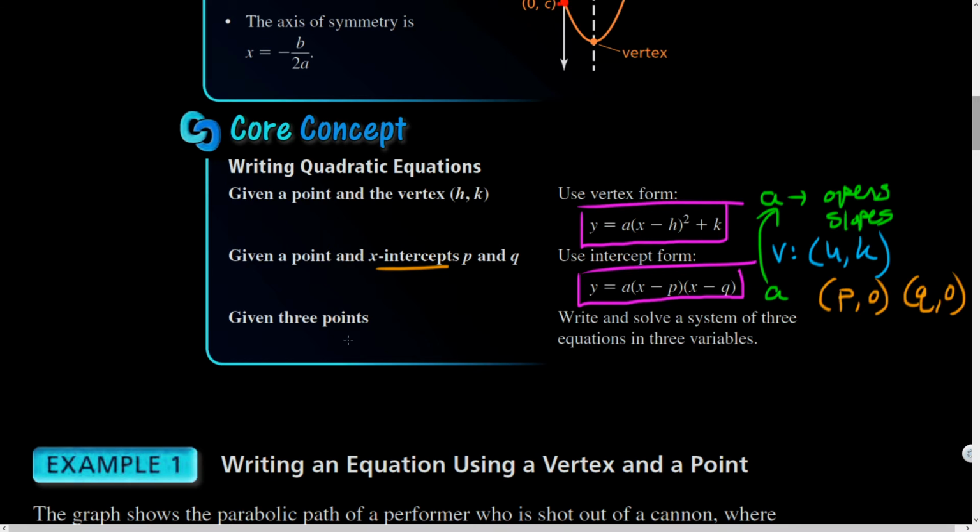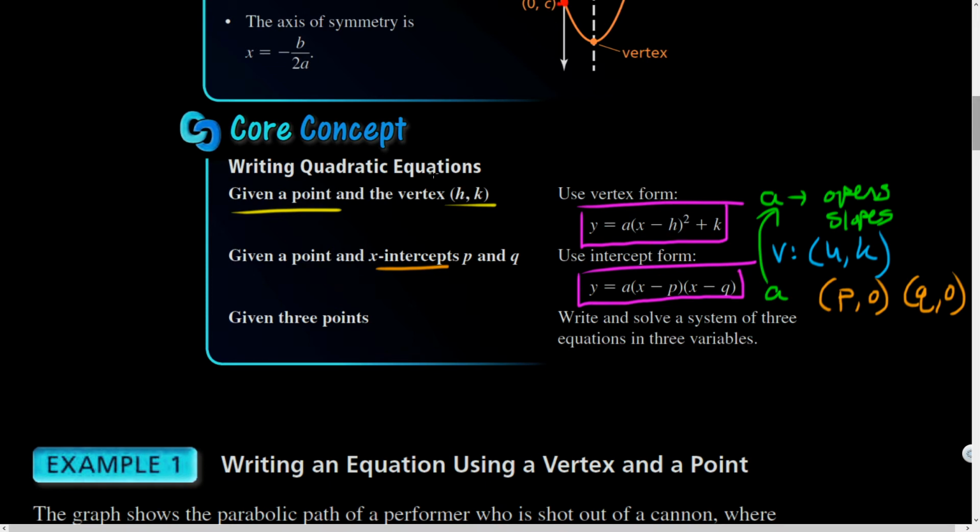Now, there is a way to find the equation of a parabola. These are recommended routes: if I gave you a point and a vertex, vertex form is a great choice. If I give you a point and an x-intercept, or both of them, actually, you would need both of them in this case, unless you had a vertex.